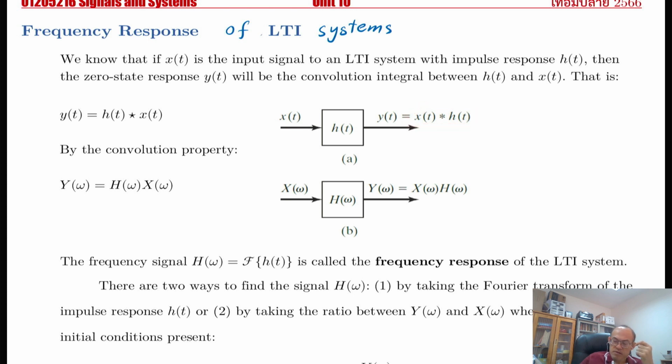So if we take the Fourier transform of both sides, we're going to have X of omega, the Fourier transform of h as H of omega, and the Fourier transform of y as Y of omega. But now we know that the Fourier transform of a convolution is just the product of the Fourier transforms. So Y of omega would be X of omega times H of omega here.